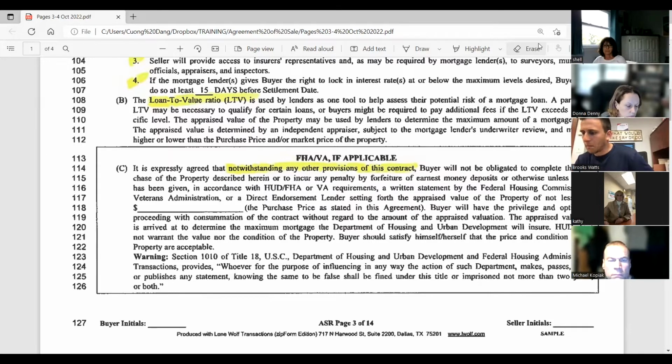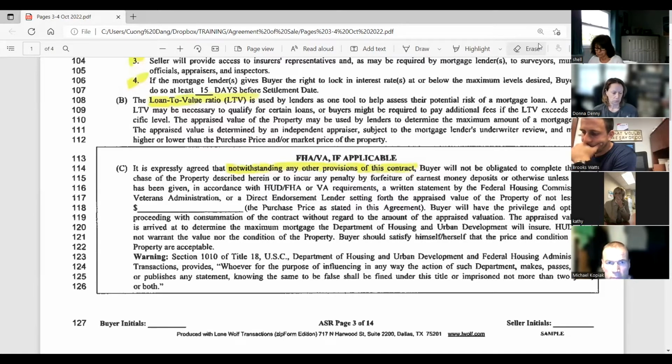It is expressly agreed that notwithstanding any other provision of this contract, buyer shall not be obligated to complete the purchase of the property described herein or to incur any penalty by forfeiture of earnest money deposit or otherwise unless buyer has been given, in accordance with HUD, FHA, or VA requirements, a written statement by the Federal Housing Commissioner, Veterans Administration, or direct endorsement lender, setting forth the appraised value of the property of not less than blank purchase price as stated in the agreement.